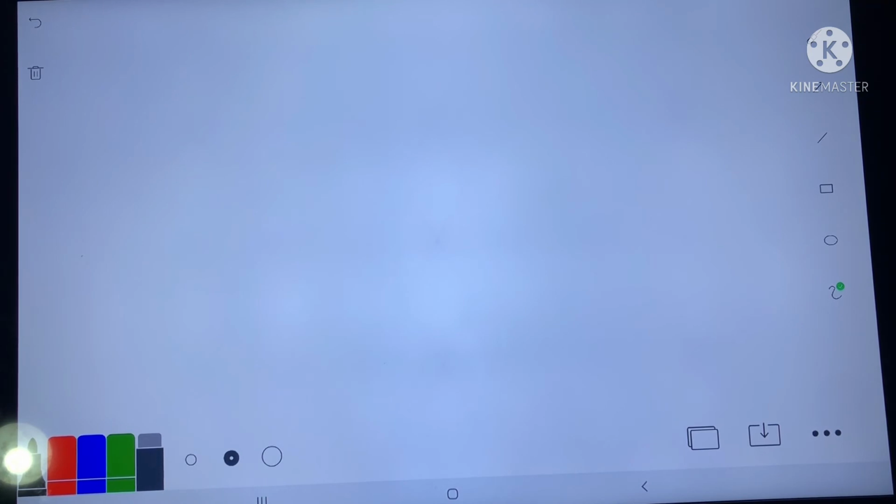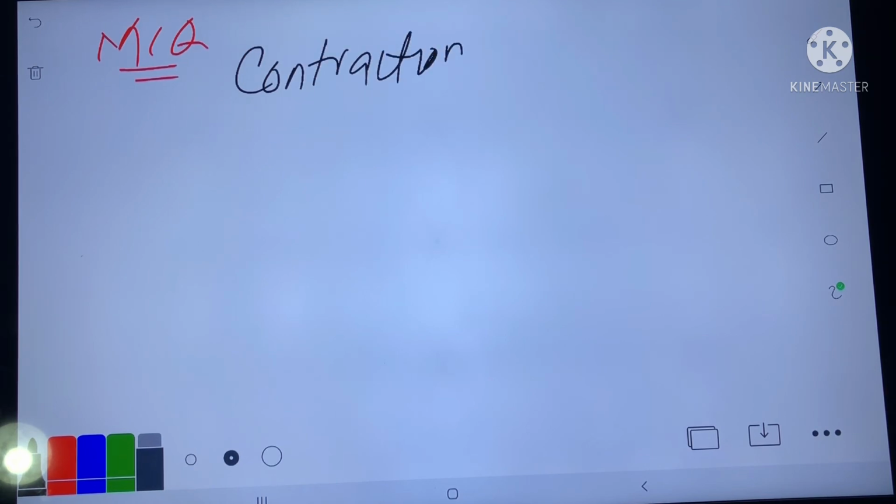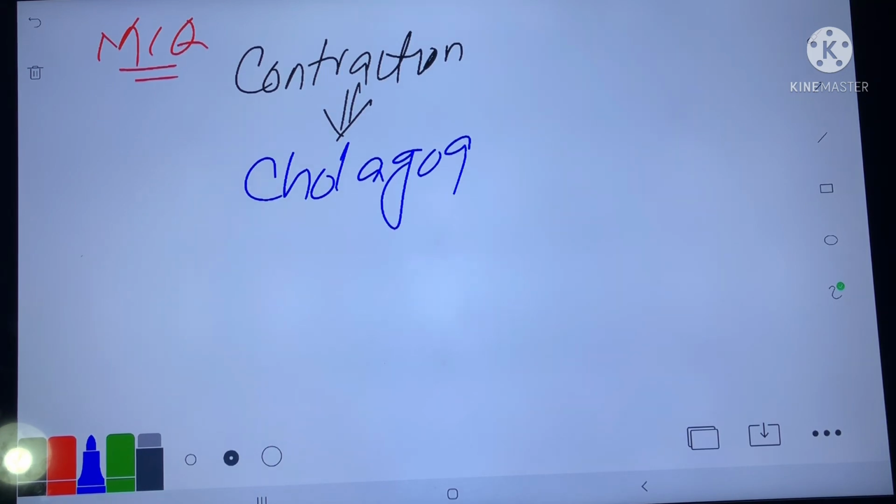Now for MCQs, you should remember that any substance that causes contraction of the gallbladder is called a cholagogue.